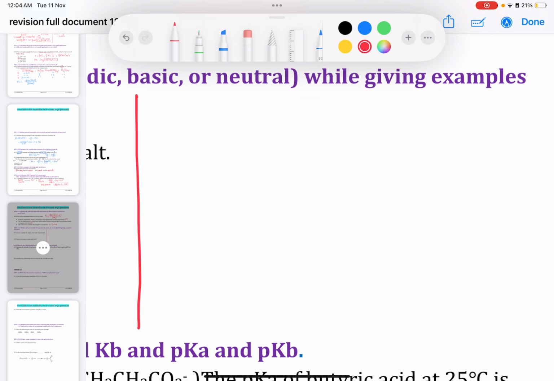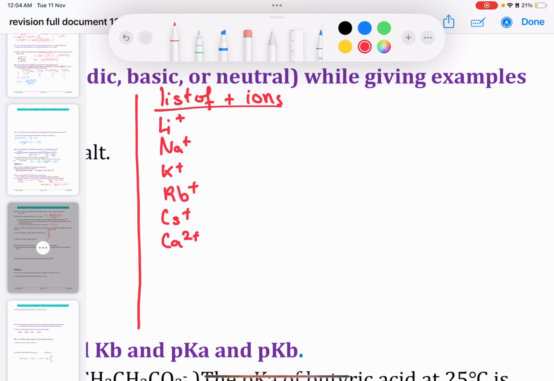So I'm going to give the list of positive ions. Lithium, sodium, potassium, rubidium, cesium, calcium, barium, and strontium.